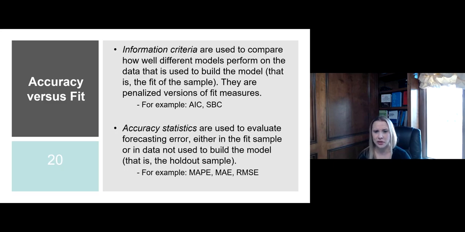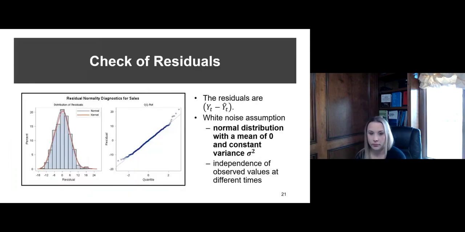Accuracy statistics are used to evaluate the forecasting error in either the fit sample, the data used to build the model, or the holdout or test sample. If we have enough data, we will always want a holdout sample, as that will be a better indication of how well the model is going to generalize.